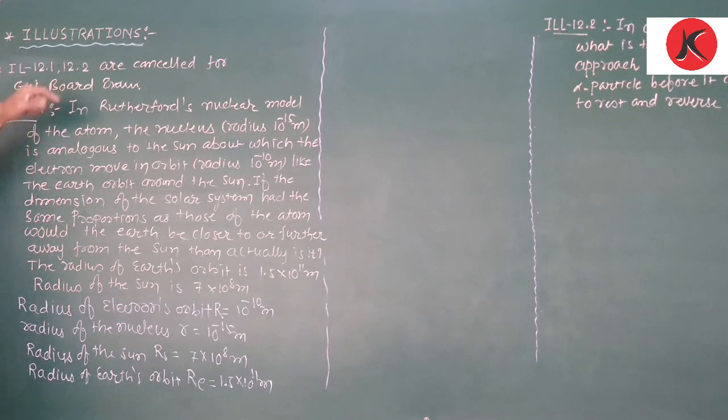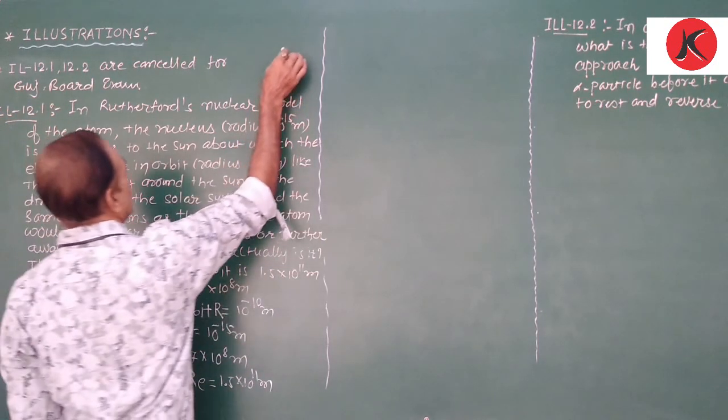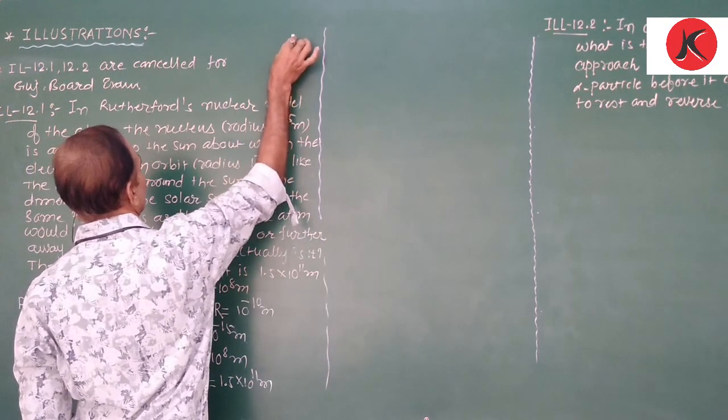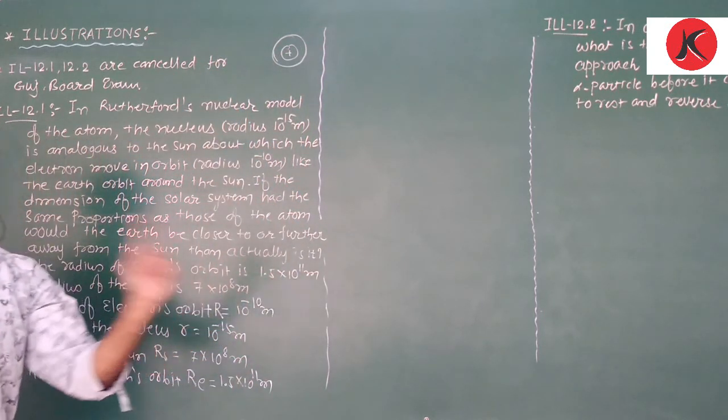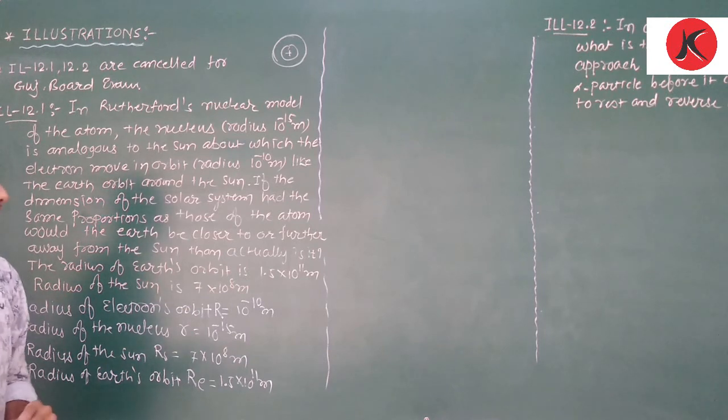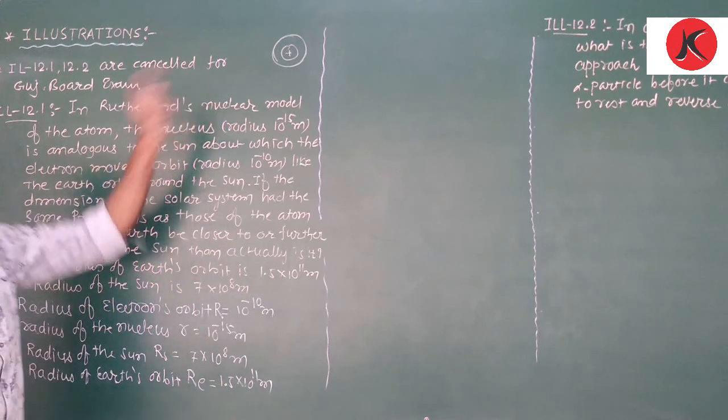Here we consider that the electron rotates around the nucleus the same way the Earth rotates around the sun. Here we have to compare.